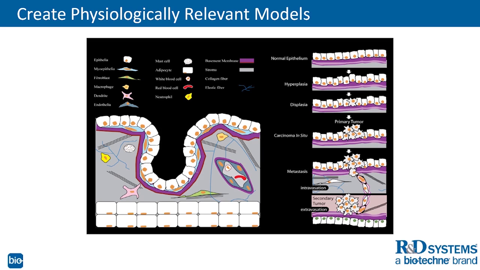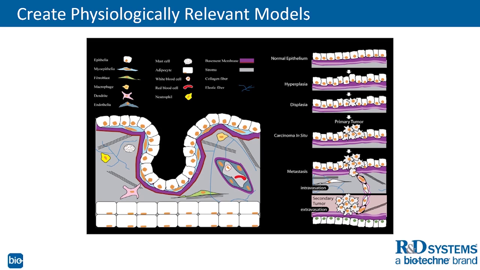On the right, we see the model of cancer progression, where we start with a normal epithelia, which progresses to hyperplasia. We have a hyperproliferative response in the cells, and they become a little crowded, which progresses to dysplasia, where we see abnormal cell types. When these abnormal cell types start to proliferate into a primary tumor, it's progression into the carcinoma in situ.